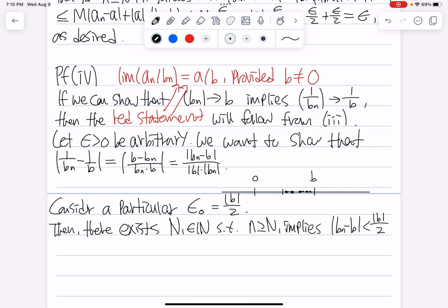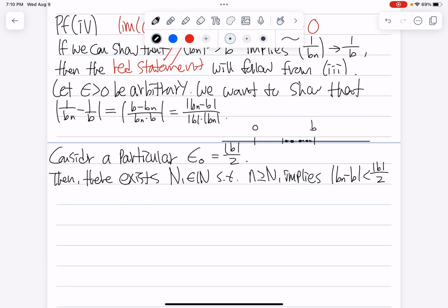Since we know that the sequence bn converges, that implies the absolute value of bn is greater than the absolute value of b over 2, right?